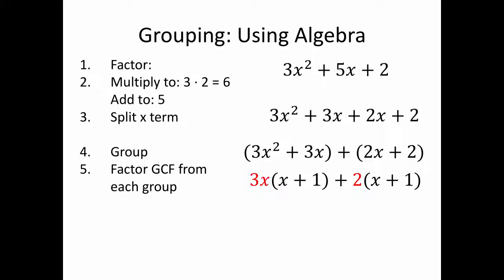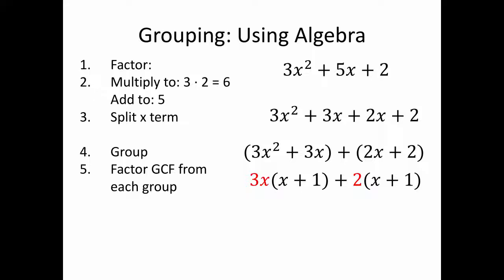Then we will factor the greatest common factor from each pair. Notice that the pair 3x squared plus 3x has a greatest common factor of 3x. So we'll factor that 3x out of the parentheses to get 3x times x plus 1. On the other side, 2x plus 2, the greatest common factor is 2.